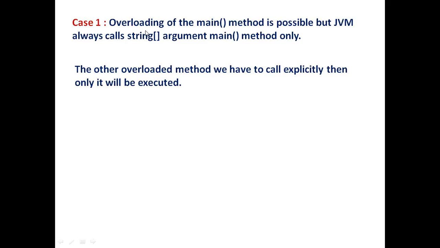Now there are certain cases. Case 1, overloading of main method. Overloading is an object oriented programming concept, or we also say OOPS concept. What's overloading? When we have methods with the same name but different argument types. It means what the method accepts is different, but the name of the method is the same.